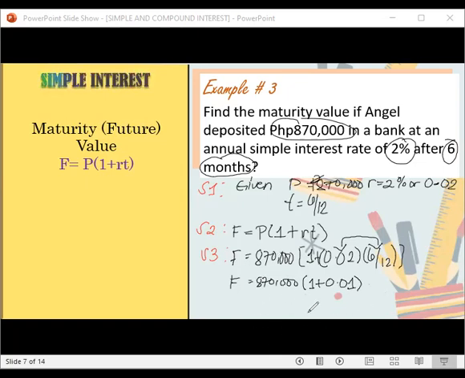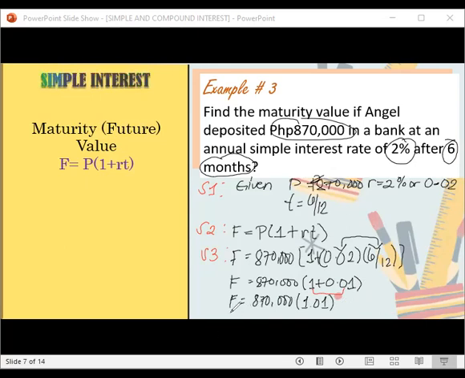Next. Ano na yung susunod natin? Itong nasa parenthesis. So, 1 plus 0.01. So, ito po ha. Ito na yung next. 1 plus 0.01. So, copy natin itong 870,000. 1 plus 0.01 is 1.01.